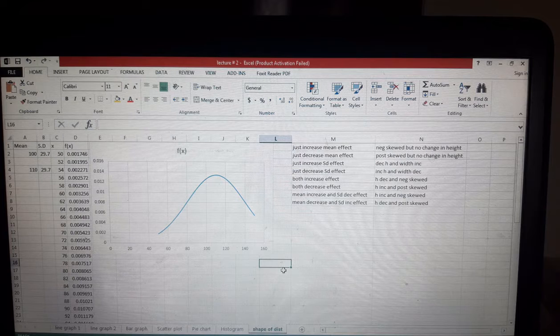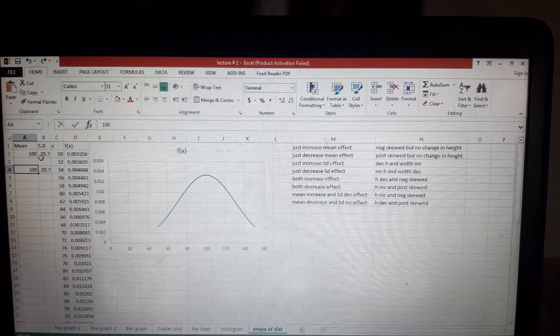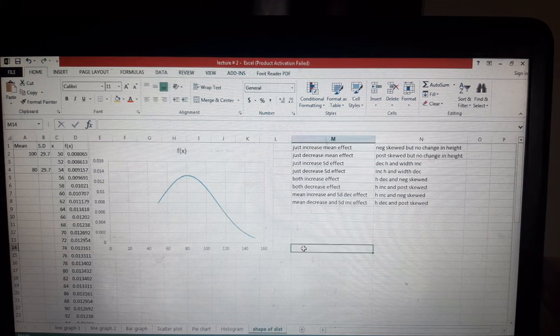The distribution becomes negatively skewed and there is no change in the height of the distribution. Similarly, if we decrease the value of mean by 10 or by 20, what will happen then? Let's suppose 80. Now the distribution becomes positively skewed, but there is no change in the height of the distribution.